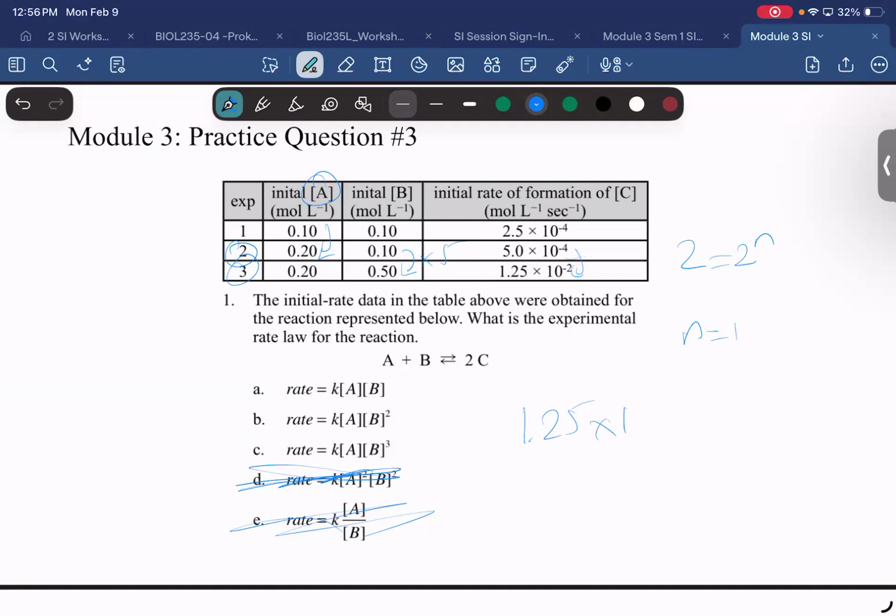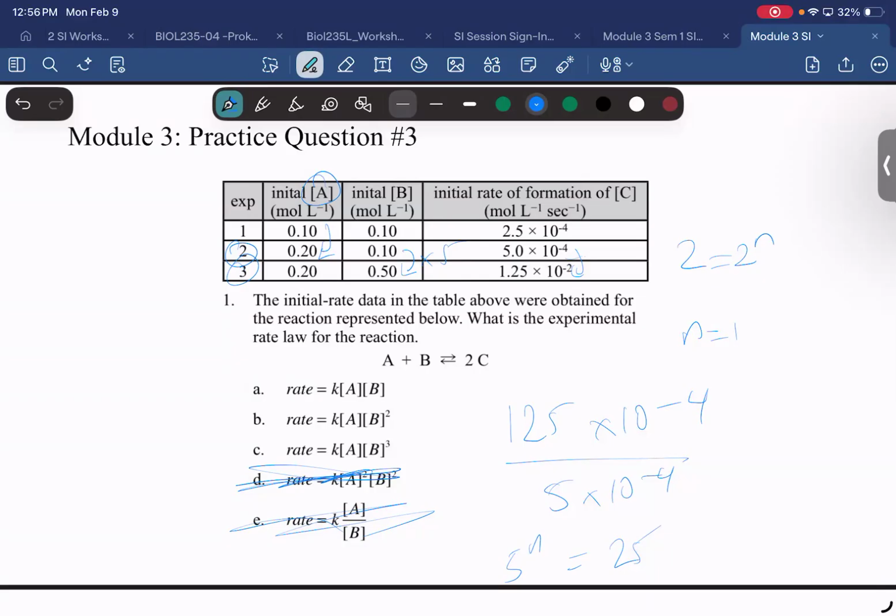So 1 times 10 to the negative 2 over 5 times 10 to the negative 4. We can move things around to make this a little bit better. We could move the decimal place and write 125 times 10 to the negative 4. So what is 125 divided by 5? 25, right? So 5 to the n equals 25, if that makes sense.